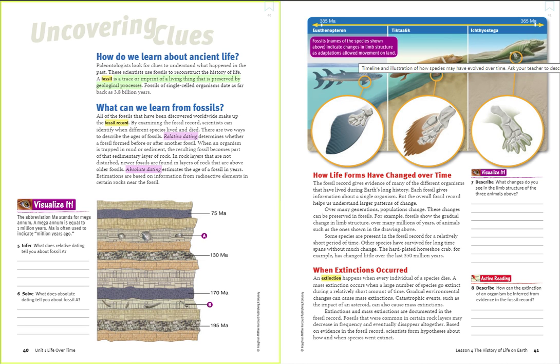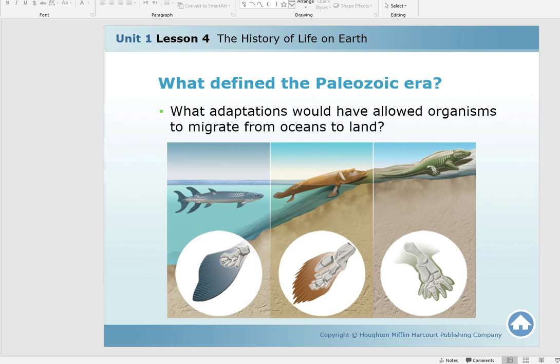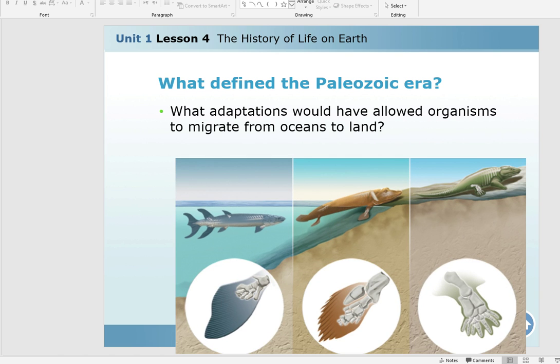You will find here a drawing that explains what happened as a kind of structural adaptation for a specific organism. There are 3 different animals here, and I need you to take a look at that drawing. The question here says, what adaptation would have allowed organisms to migrate from oceans to land? Simply, the first organism has low bones in its fins.